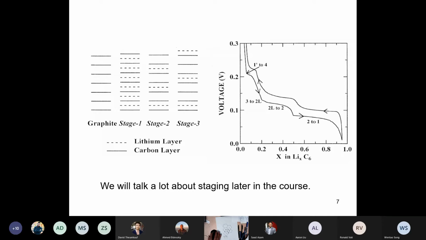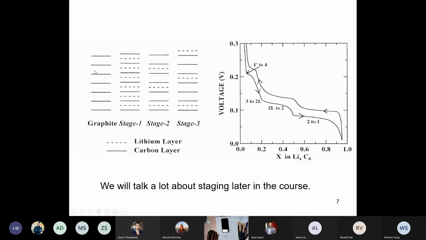Yep. Okay. So now we're going to talk about the graphite voltage curve. When lithium is intercalated into graphite, what happens? So you start with empty graphite over here on the left. And as you add lithium, the first thing that happens is a tiny amount of lithium goes in between every set of layers.